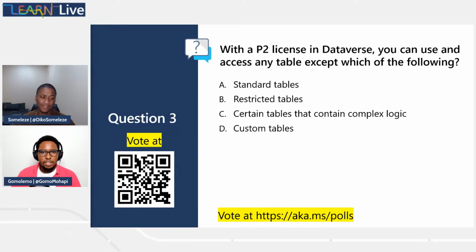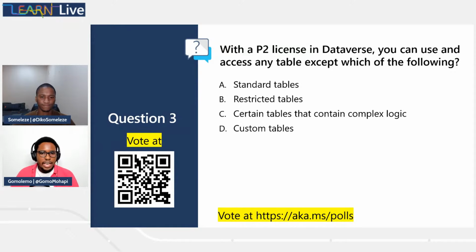Hmm. What do you think there? Yeah, that's a really tricky question. I think we actually just touched on licensing, where we were talking about additional licenses for specific table types. So I'd actually go with D, maybe custom tables. And you know what? With licensing, it's an issue that everyone wants to know about, especially if your business is small, medium or large.